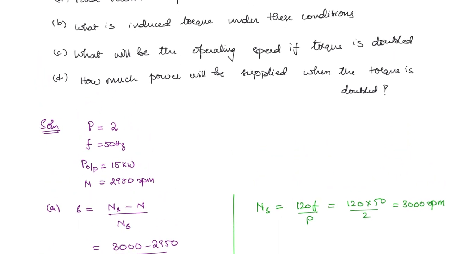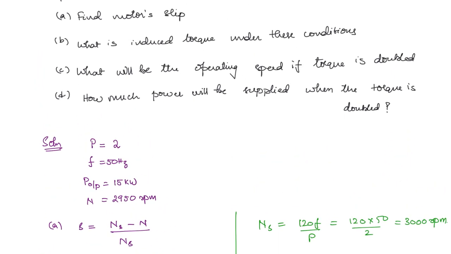Okay. This is the slip. What is the next question? What is the induced torque under these conditions? Now we have the output power here, and from here how do you find the induced torque? Since no other information is given, we will assume that there are no rotational losses, so that the induced torque is the same as the output torque.